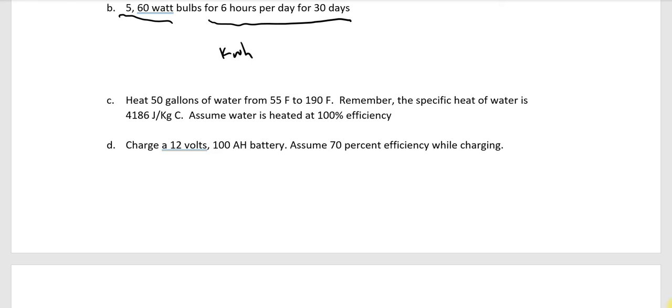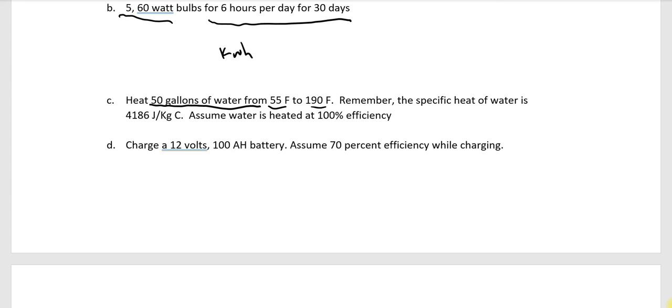C, let's see, 50 gallons of water from 55 to 190 degrees. Remember, specific heat of water is 4186 joules per kilogram degree centigrade. You're going to have to look up or figure out how many kilograms 50 gallons of water is. You're going to want to convert these to degrees centigrade.